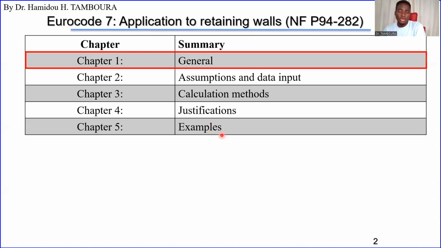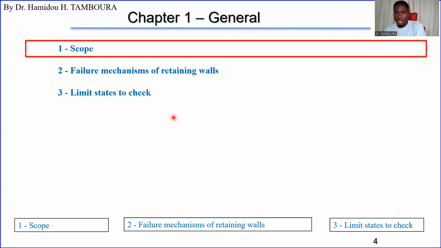In chapter 5, I will try to take as much as possible the different types of retaining walls and show you how to design these retaining walls. If you are interested, please follow this playlist till the end.